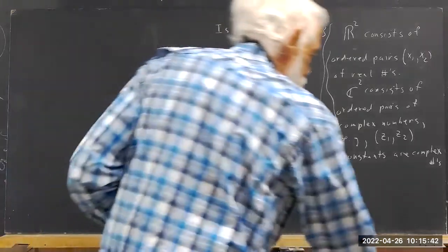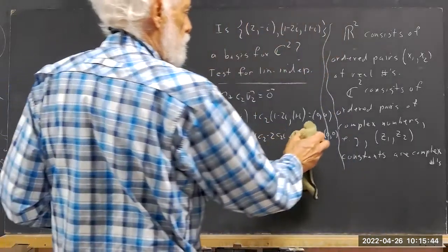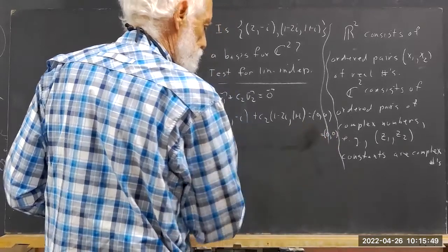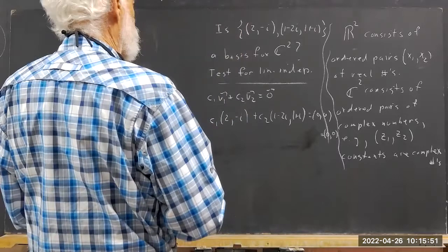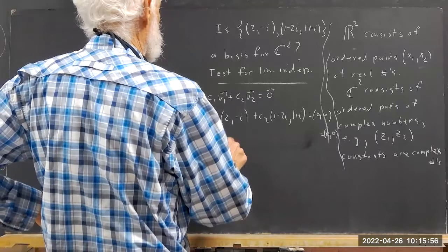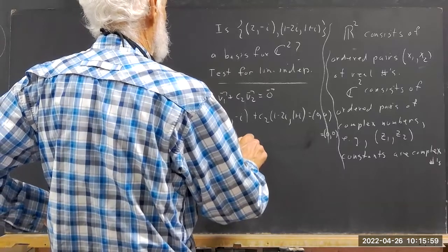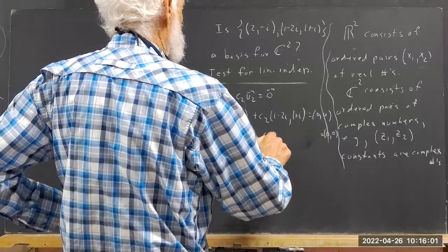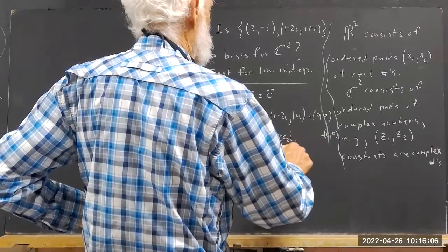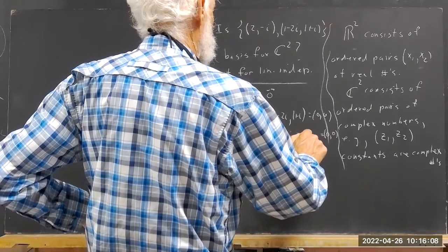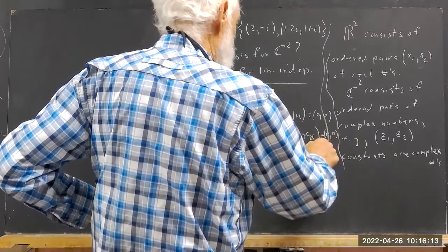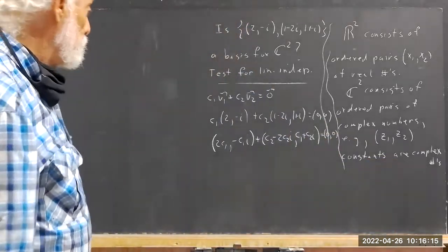Look, I wrote this out again. That's not right. And what you get is 2C1 minus C1 I plus C2 minus 2C2 I, comma, 2C2 plus C2 I, and that should be 0, 0.